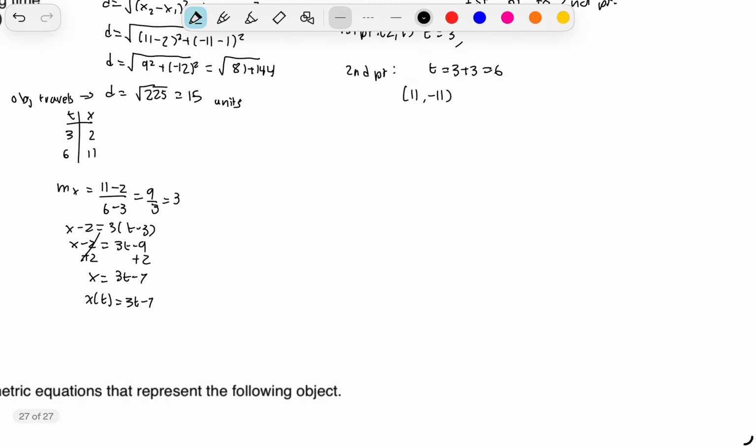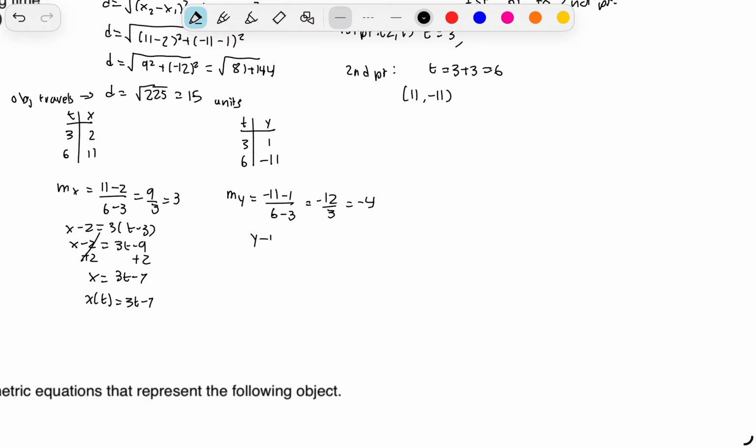Now we need to find our equation for y. So we have our points t and y. We have 3, 1, and we have 6, negative 11. So m_y is equal to negative 11 minus 1 divided by 6 minus 3. That's equal to negative 12 over 3, and that's equal to negative 4.